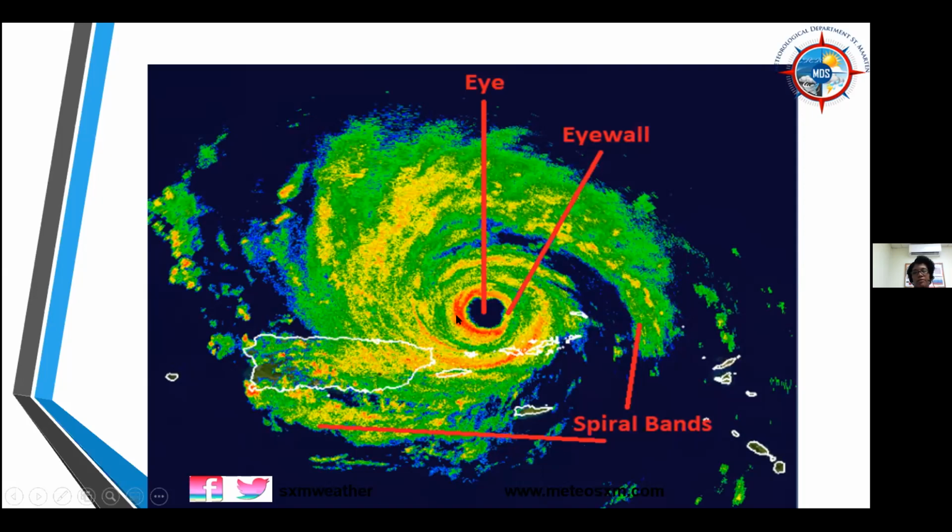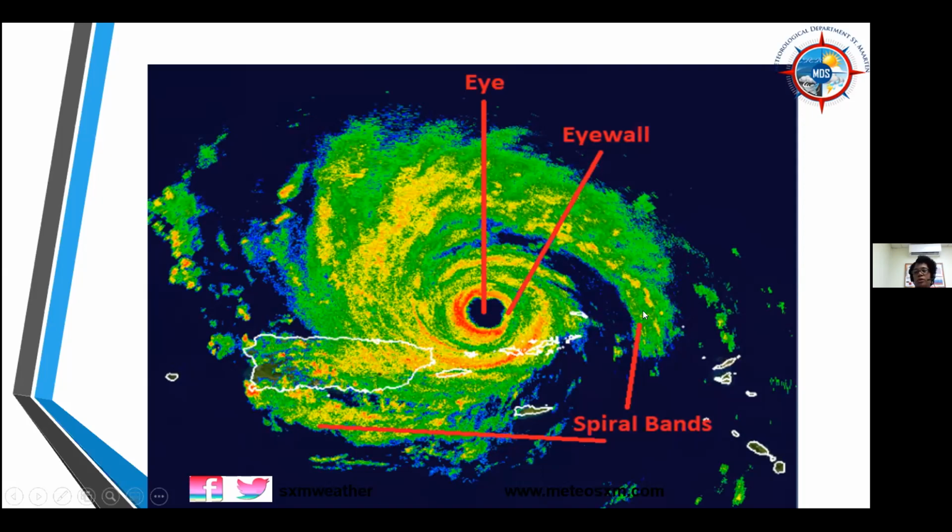That is where you have the thick thunderstorms, the strong winds, and the heaviest rainfall just around the eye. So if the eye is passing exactly over you, then you would get 2 brunts of it. You would get the first part, then the eye, then you'd get the second part of it. So the eye wall is where you have the strongest stuff going on.